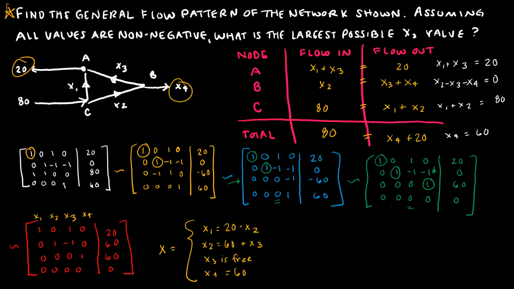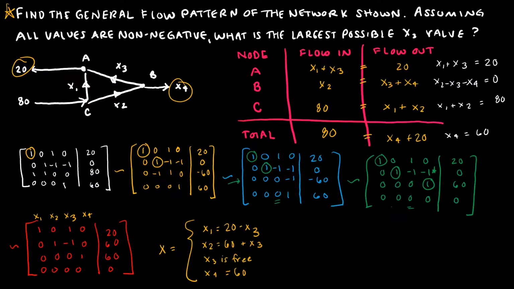Then it says, assuming all values are non-negative, what's the largest possible x3 value? Really the largest possible, I did something wrong, I'm sorry. This is x3. 20 minus x3.